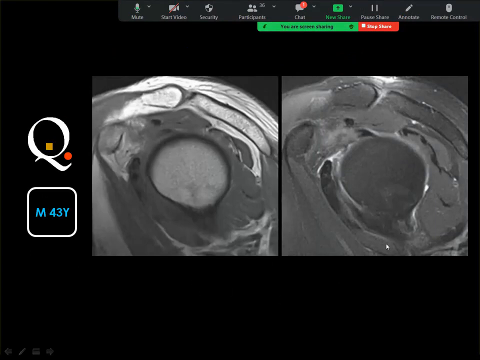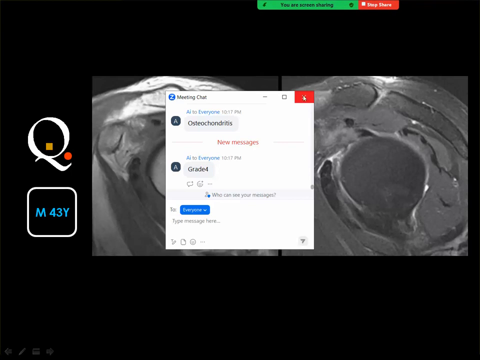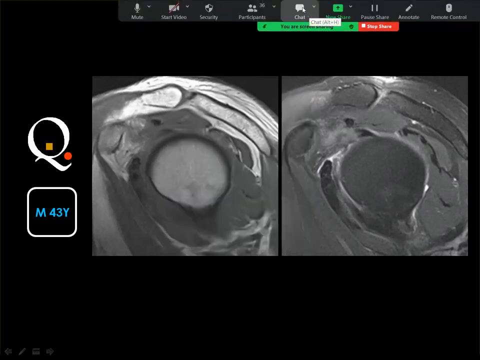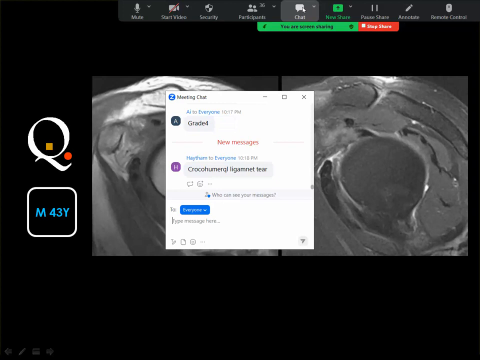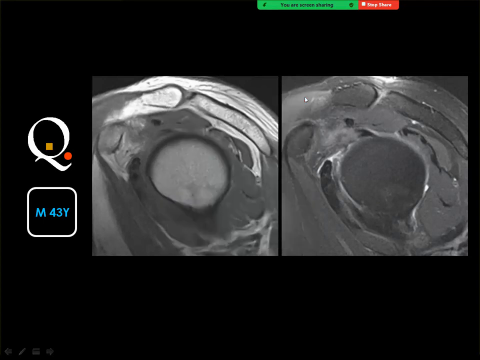MRI of the shoulder, sagittal T1 and sagittal STIR. Coracohumeral ligament tear, rotator interval tear.